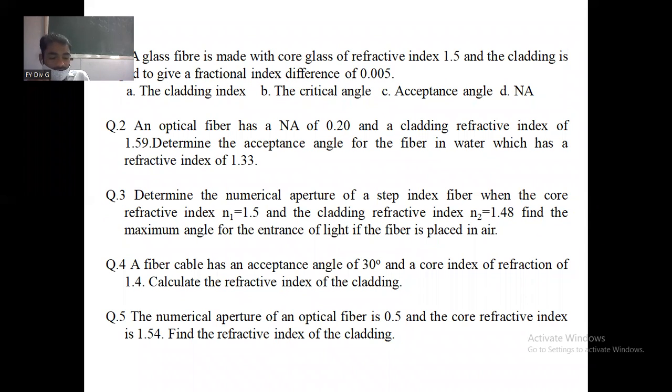Please read carefully. Then write down the given values. What is the first given value? What is the second, third? Then you go to the formula.